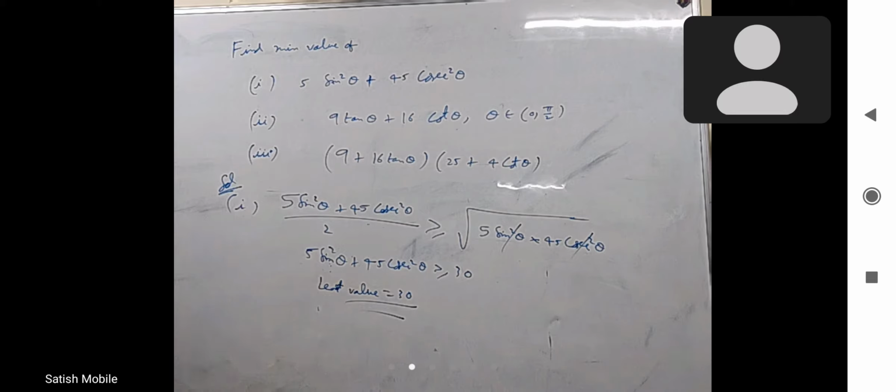For this first question, anybody want to guess what will be the maximum value? This is the minimum value. What will be the maximum value? 5 sin square theta plus 45 cosecant square theta, what is the maximum? 50, okay. Any other answer? Okay, 550 is one answer. Any other answer?